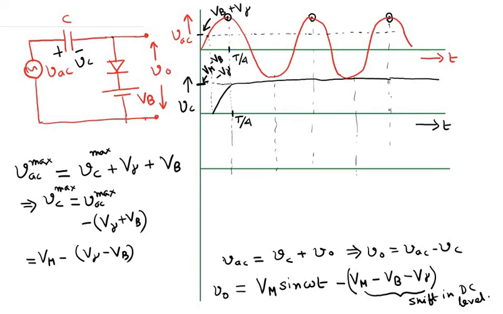Again, I am not drawing the output voltage for the duration where the capacitor is still charging, because I am not interested in it. I am only interested in the output voltage when the capacitor has reached the stable state, or the capacitor voltage has reached a constant value. So I am drawing this from here.